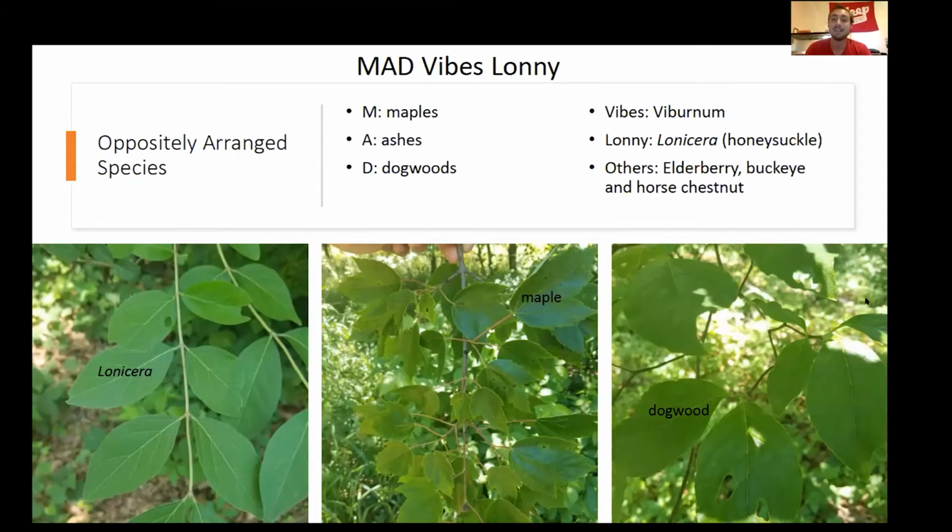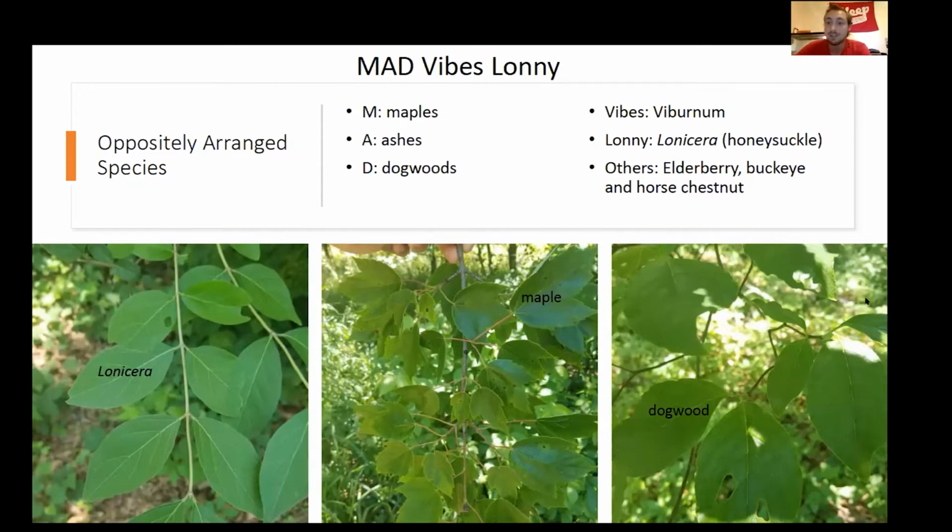The MAD is an acronym for maples, ashes, and dogwoods. Then Vibes is viburnums. Lonnie is Lonicera, or honeysuckle. And then others that aren't included in this saying that are opposite are elderberry, horse chestnut, and buckeyes.